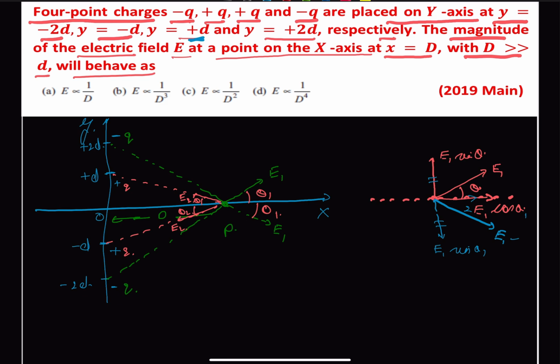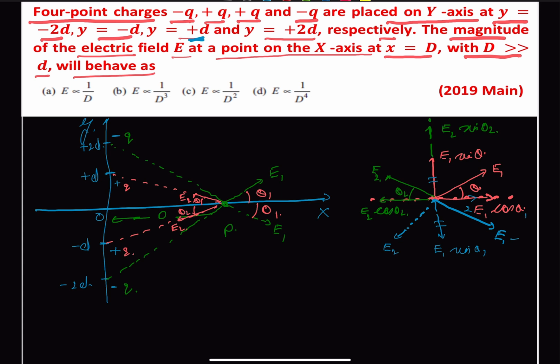Now we come to the E2, and this is our E2 making the angle of theta 2. We can divide into two components. One component will be along negative x-axis, opposite, so this will be E2 cos theta 2, and the other component will be along positive y-axis, that will be E2 sine theta 2. Next is our other E2.